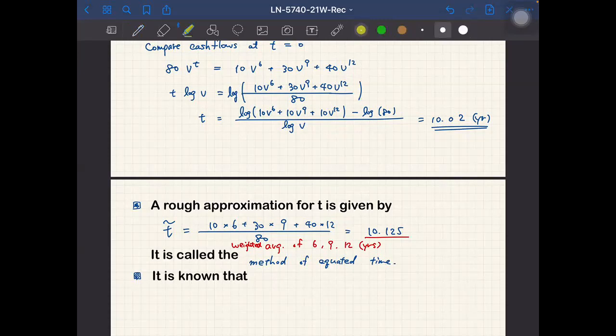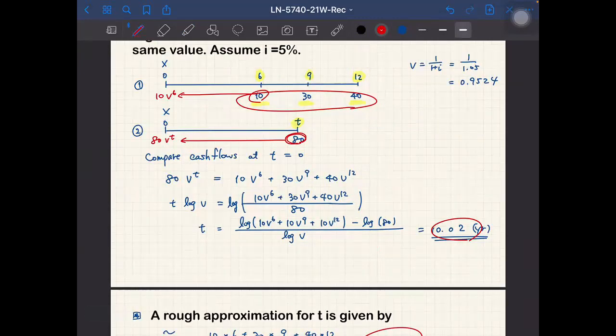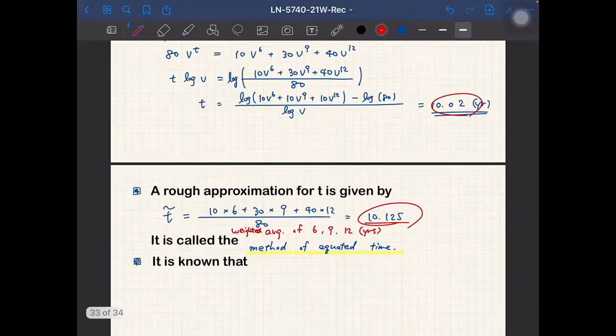But in the old days, it was really important to quickly calculate a ballpark estimate. And the mathematical interest is that this is 10.02 and this is 10.125, and 10.125 is larger. If we solve this kind of weighted average question, t tilde is always larger than t. It is known that t tilde is larger than t if the interest rate is positive.